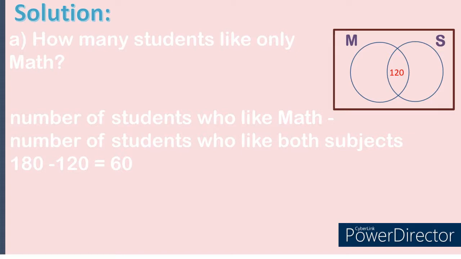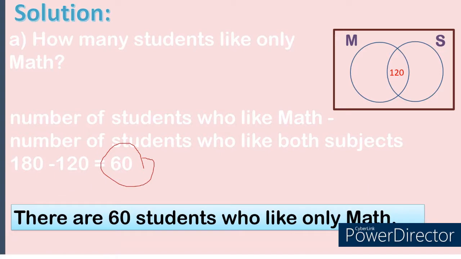And the students who like both subject is 120. We are going to subtract 180 minus 120 is equals to 60. So, there are 60 students who like only math. Okay. So, we have 60. Next.